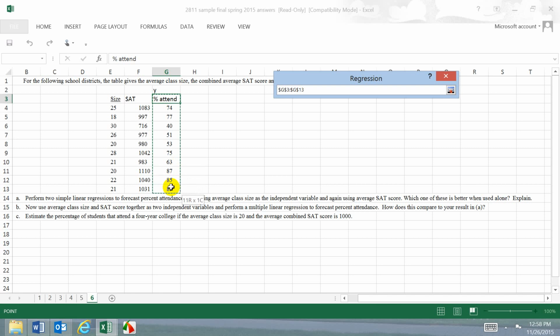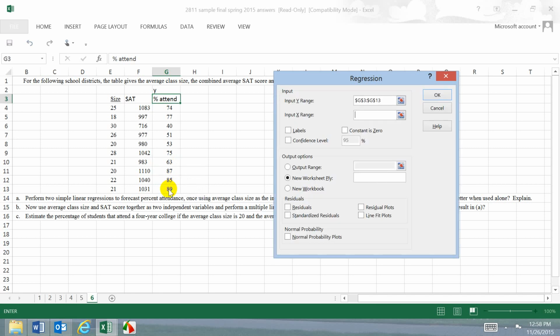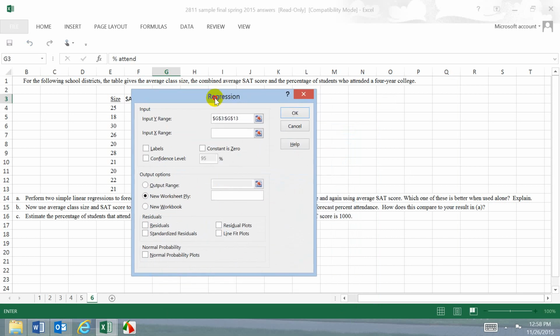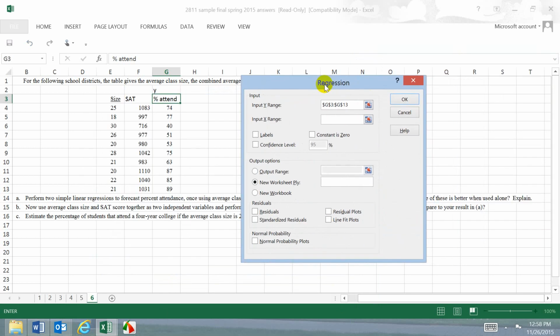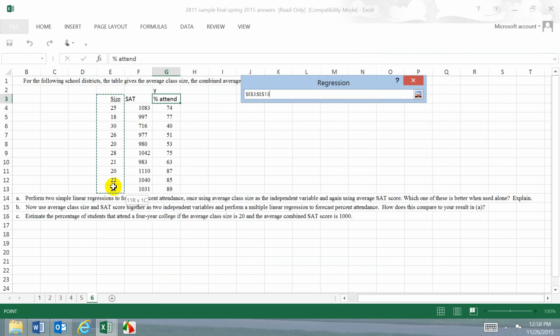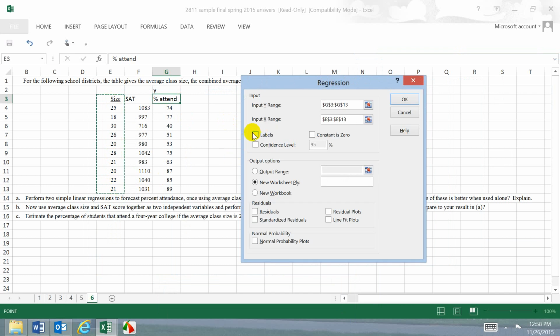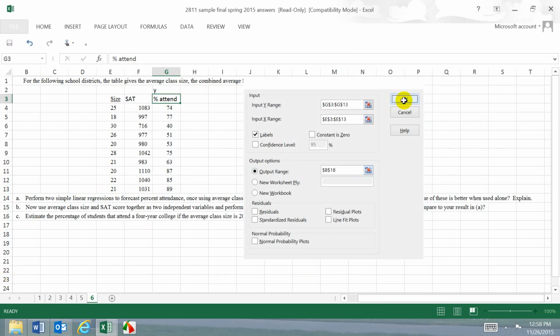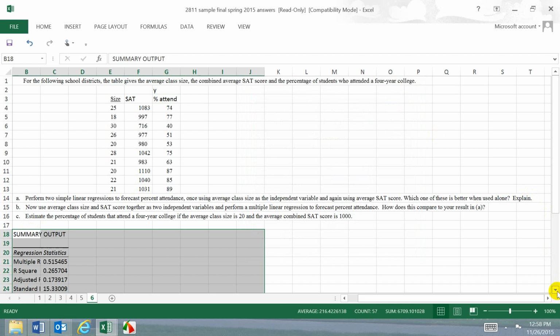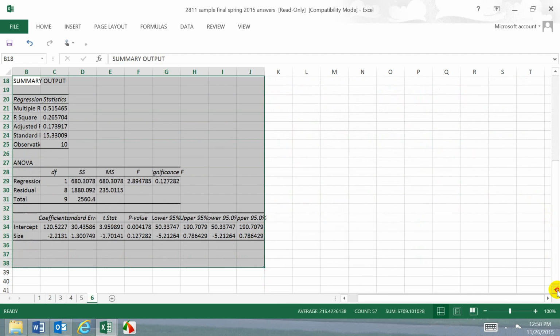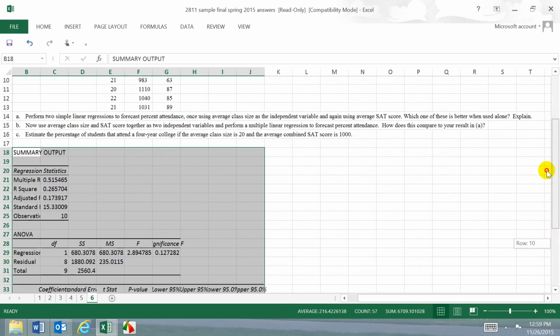That's the percent attendance, and that's always going to stay the same. First we're going to try size as the independent variable. The labels are in there. The output range, let's just put right below. And there we go. So there is our answer with size.